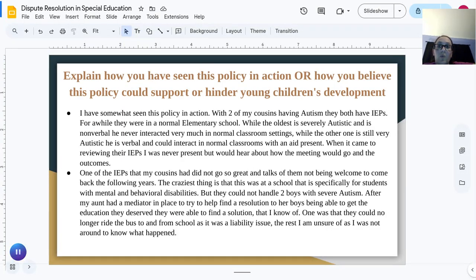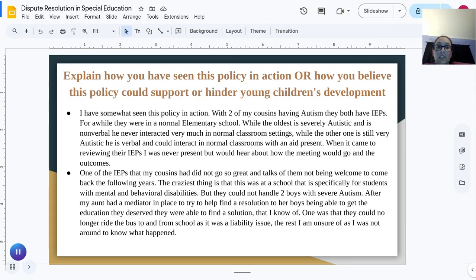And then one way that I've seen this policy somewhat is with my two cousins who have autism. They've both had IEPs. For a while, when they were in elementary school, the oldest, who is severely autistic and nonverbal, never really interacted, if at all, in normal classroom settings, due to being very aggressive and not being able to communicate.